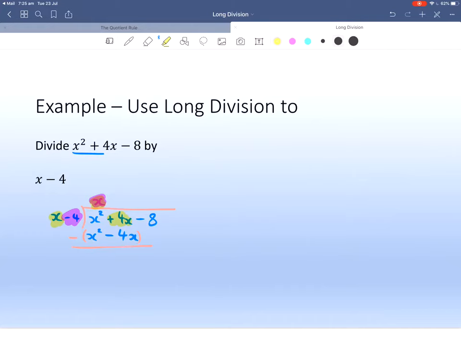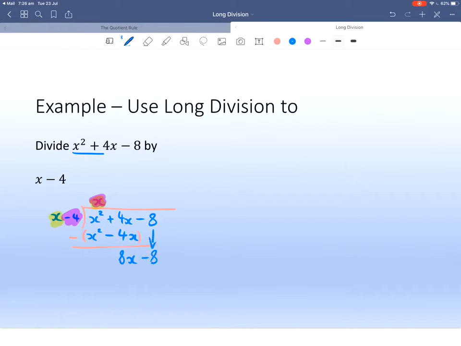What's 4x minus minus 4x? Well, that double negative will make a positive. So 4x minus minus 4x is actually 4x plus 4x, which means that this is going to be 8x, all right? Now you can bring this guy down, minus 8, all right?